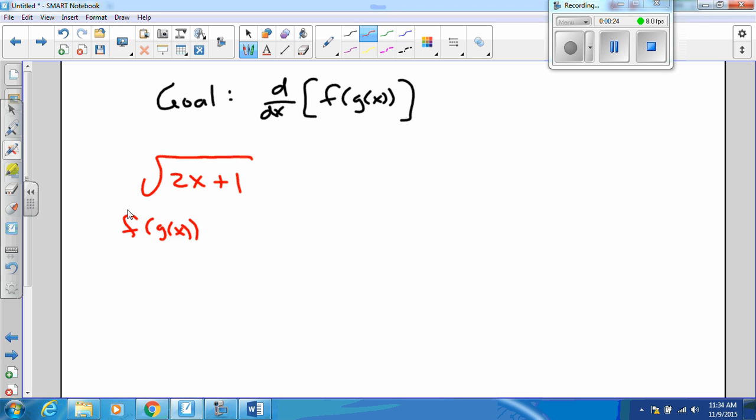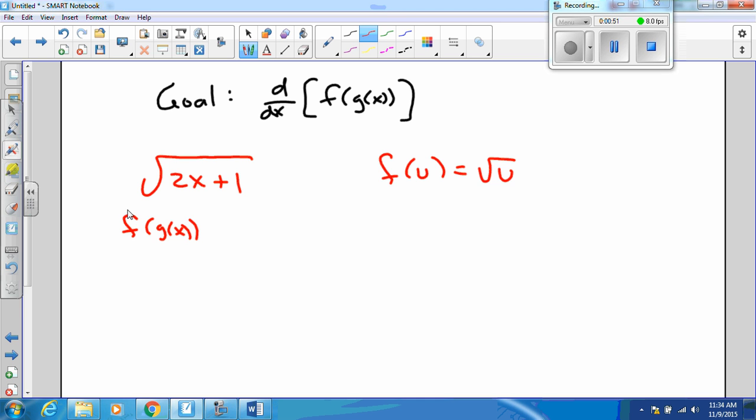The outside function is going to be the outermost layer, and the inside function is going to be everything else. Even the way I speak it, I pronounce it as the square root of 2x plus 1. So I naturally have an outside function, which is the square root of u, if you'll let me use that variable.